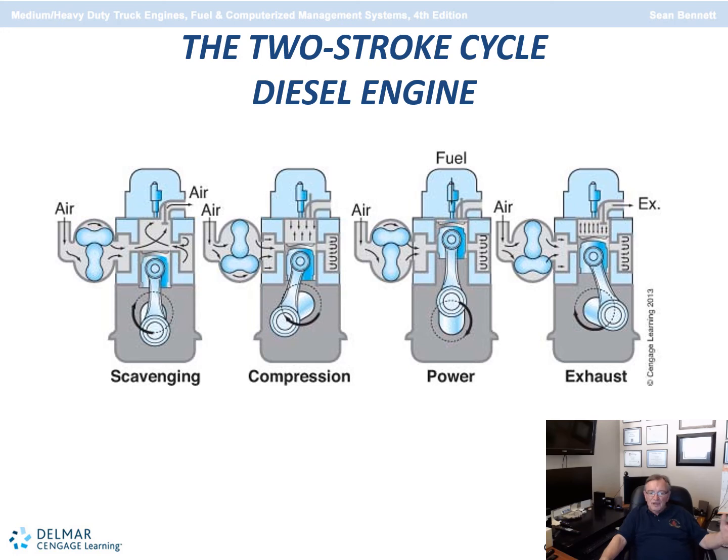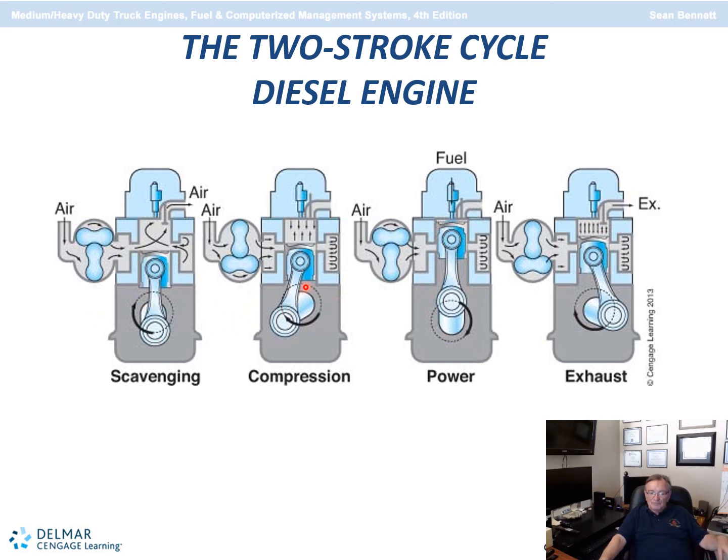In the 2-stroke engine cycle, you always have a power stroke. Every time the piston comes down, you have a power stroke. The air is drawn in through the crankcase on your 2-stroke engine with exhaust ports, because the liner has holes in the side, and that allows it to fill.